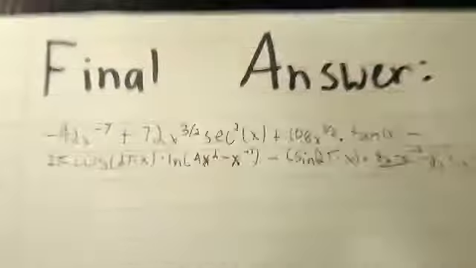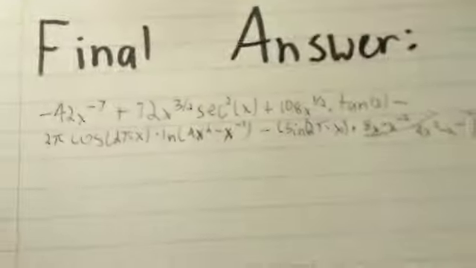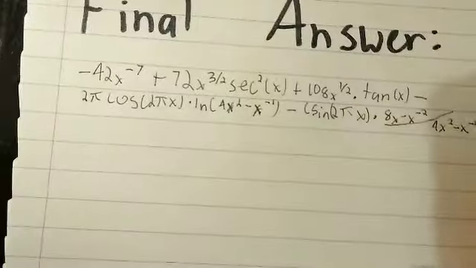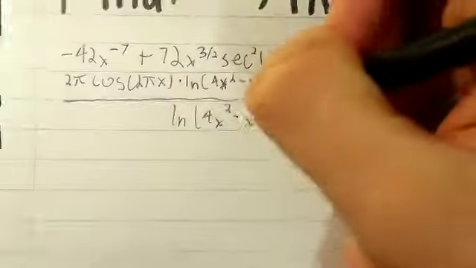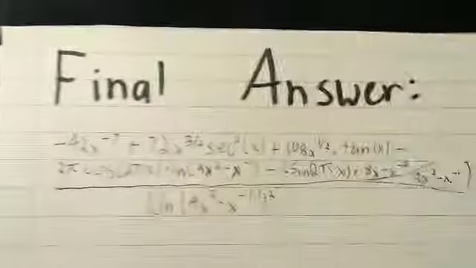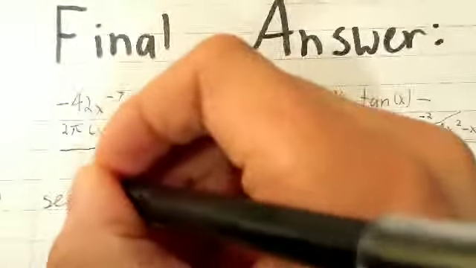So next we have our chain rule problem, which will start out with a minus, or not yet actually. All of this will be over natural log of 4x squared minus x to the negative first, squared.